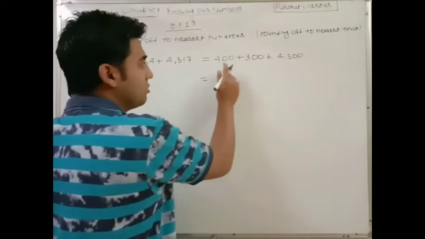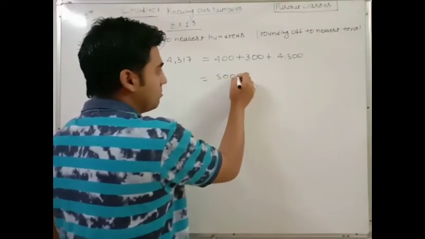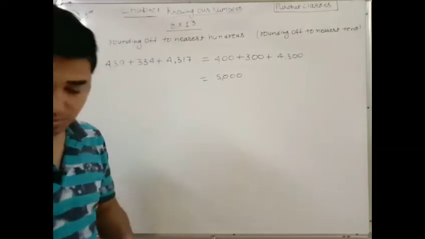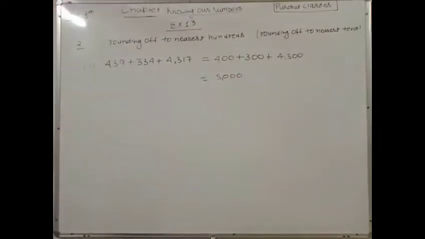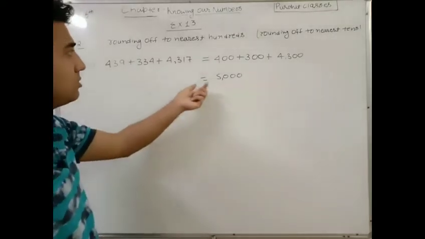Understood? Now just find the sum. This will be 700, this will be 5000. Understood? This we have estimated up to the hundreds place.